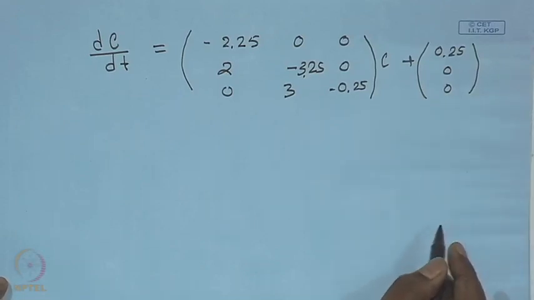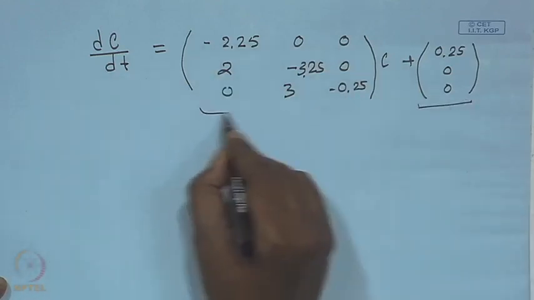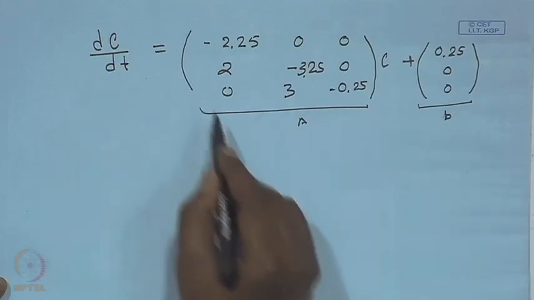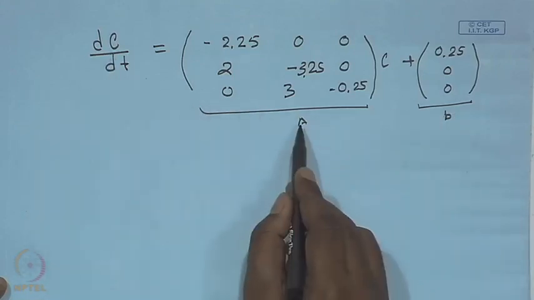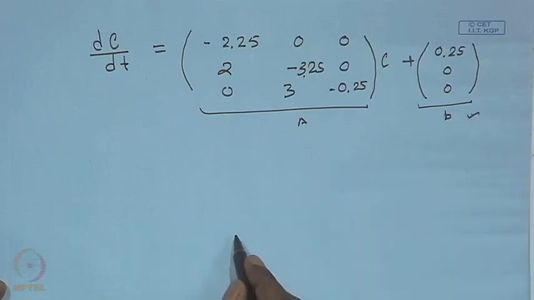Therefore, this is the non-homogeneous term, this is the A, this is B. So, dx/dt equals Ax plus b, where b is the non-homogeneous term. Now, we are going to solve this equation.